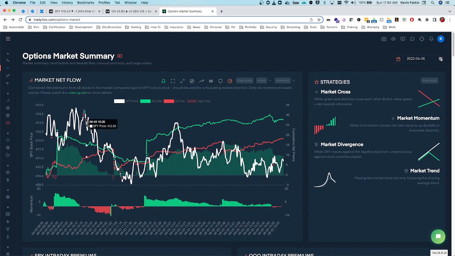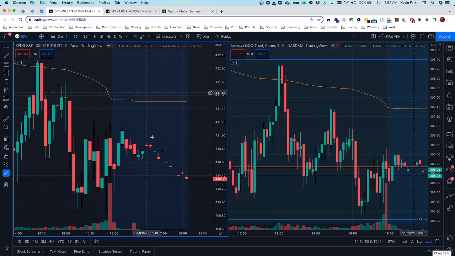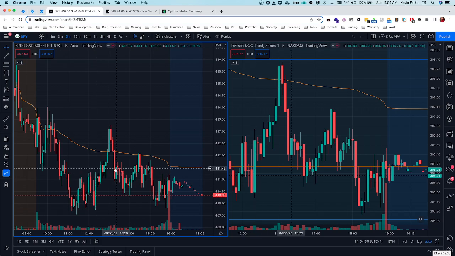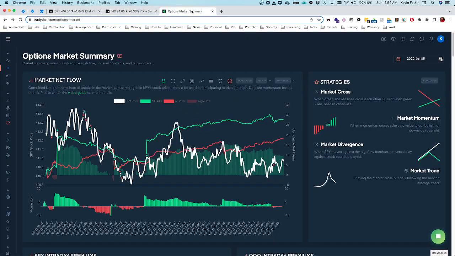I don't really trade momentum alerts, but I have noticed that if you do trade momentum alerts, give it some time. Make sure you watch the price action. Don't just jump in right away. Watch the price action. Look for two things. If I get a call-based momentum alert, one, make sure that calls are indeed above puts.